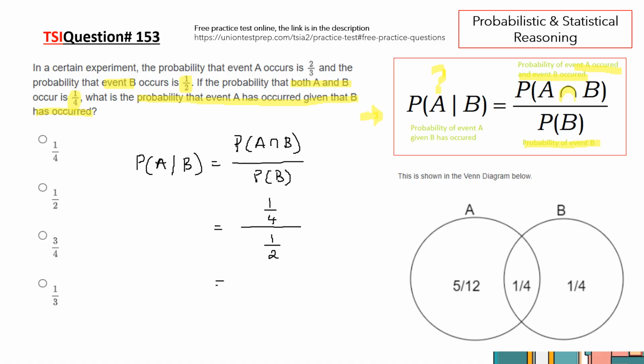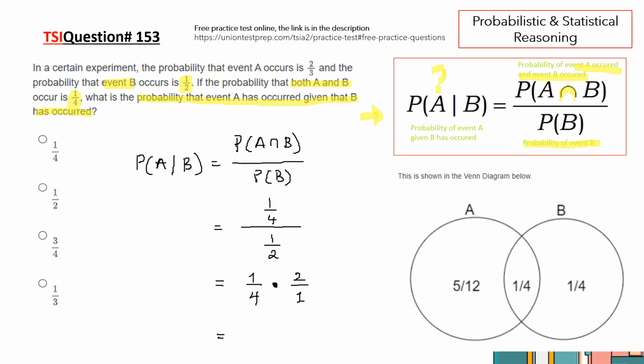A fraction divided by a fraction is the fraction multiplied by the reciprocal, 2/1. 1/2 becomes 2/1 when you change the division to multiplication.